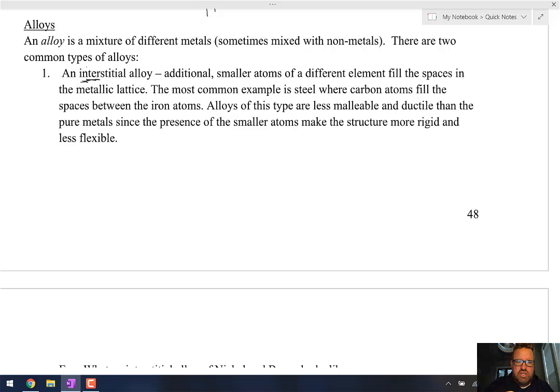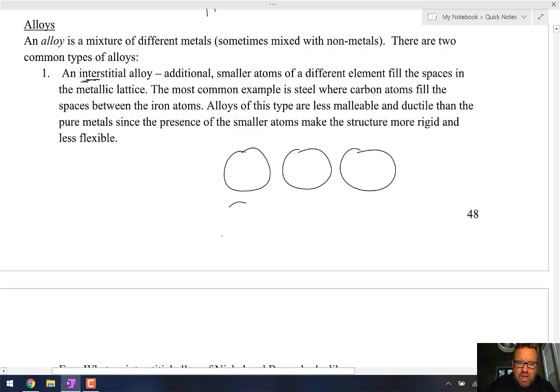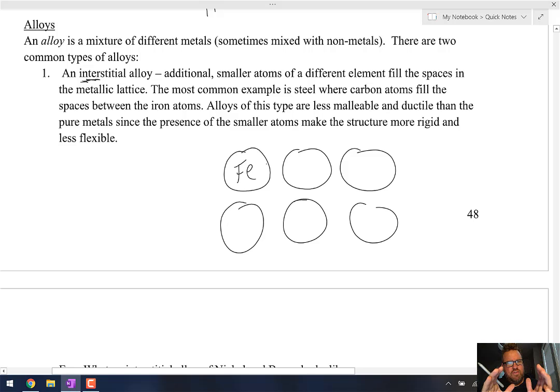Basically, in an interstitial alloy, let's say these are the iron. So these are all atoms of iron. And then what you have to use to make an interstitial alloy is smaller atoms that fit in between these spaces right here. A lot of times they use carbon for this.